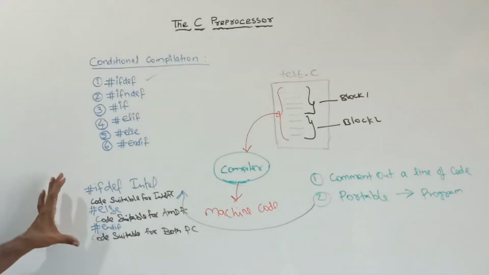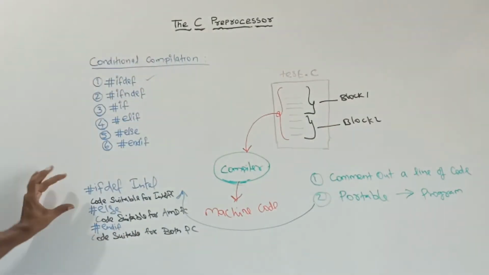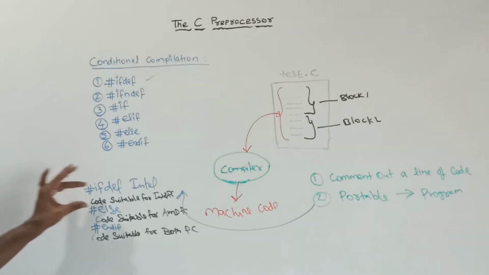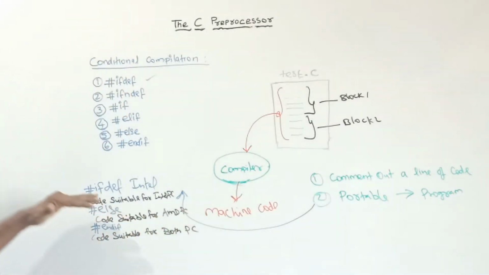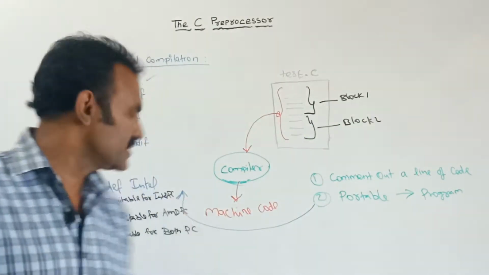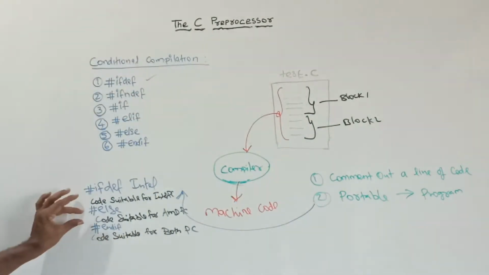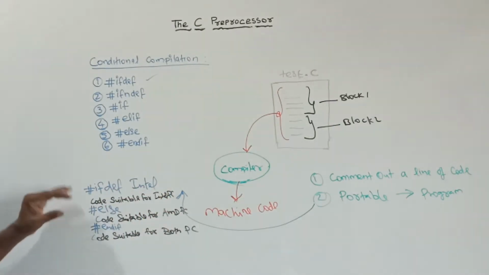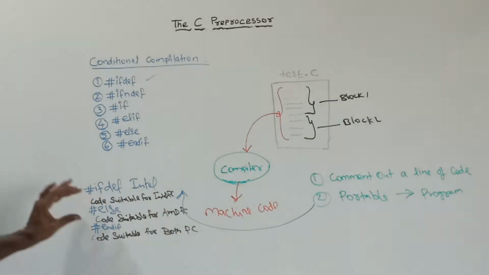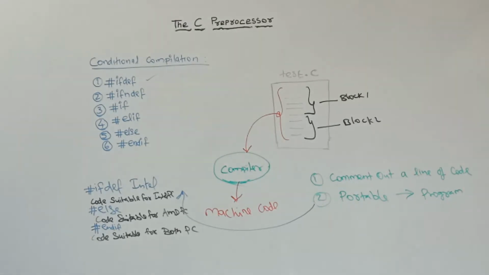See here, by using this ifdef directive, I am checking if it is an Intel PC, then we can write here the program that is suitable for the Intel PC. Suppose I am running the source code on an AMD based PC, the code that is suitable for the AMD PC we can write here in the else part, so that we can run the source code on both systems, whether it is an Intel system or an AMD processor system. See, I am completing this if condition here, that is with endif.